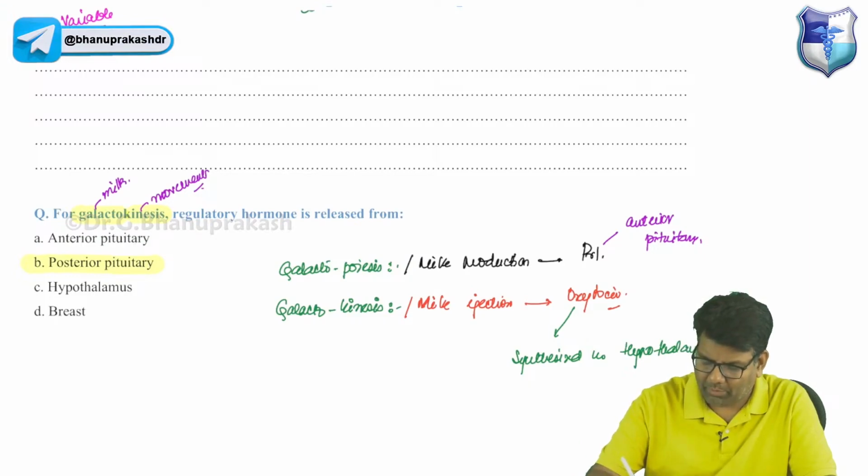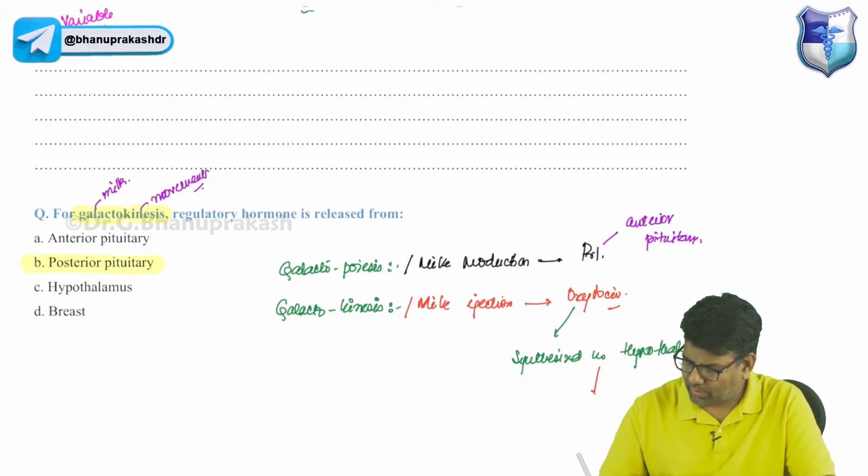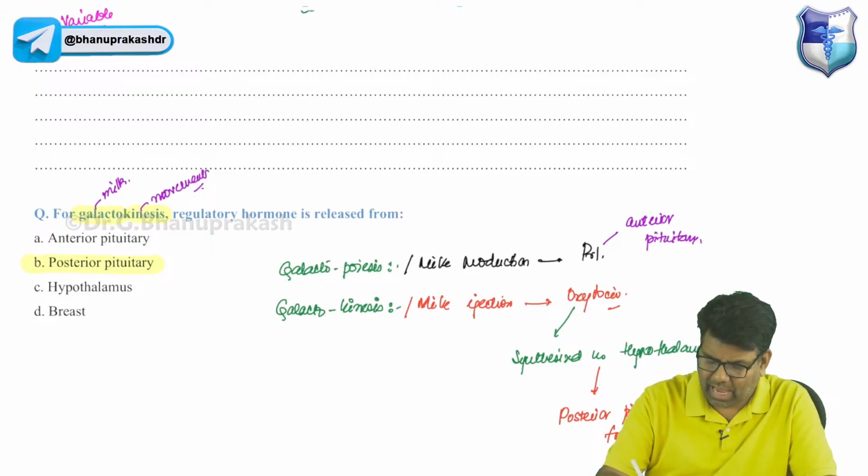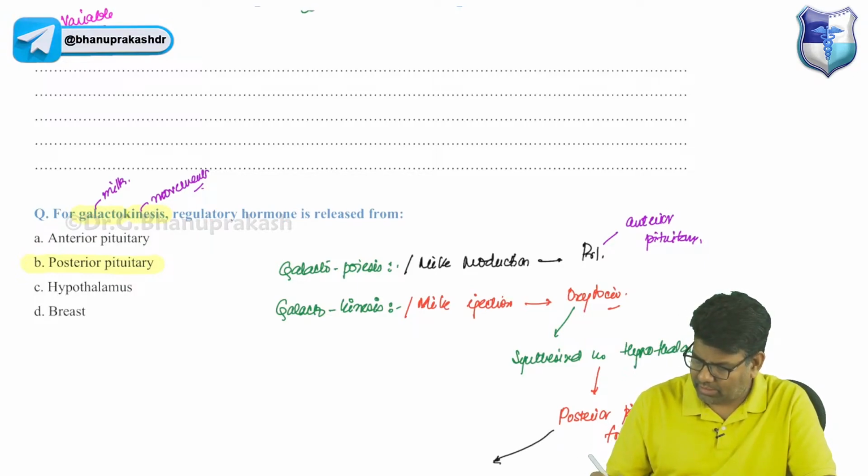It is formed in the hypothalamus, and through the hypophyseal portal system, it is sent to the posterior pituitary for storage. And once there are appropriate impulses, it is released. So this is for oxytocin. Very good, Raghu.